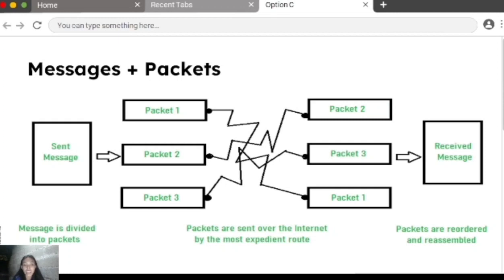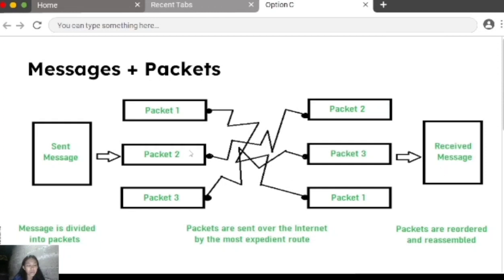Then the packets are sent over the internet by the most expedient route. Before going to the receiver, the packets are reordered and reassembled. As you can see, packet 2 is at the top, packet 3 is in the middle, and packet 1 is the last one. That's what we call the packets being reordered and reassembled.